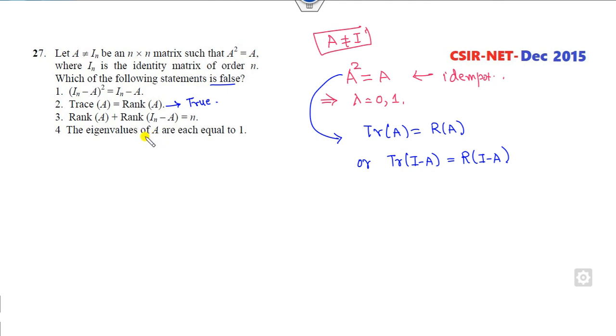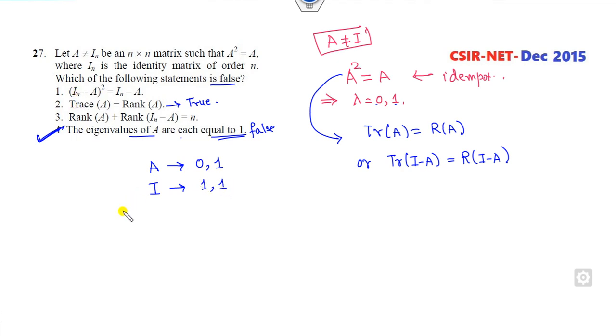Look at the first, it clearly says eigenvalues of A are each equal to 1. That's a false statement because the eigenvalues are 0 and 1. So this is my correct option. But how can you think about that? Eigenvalues are 0, 1. A has eigenvalues 0, 1. Eigenvalue of I is 1, 1.